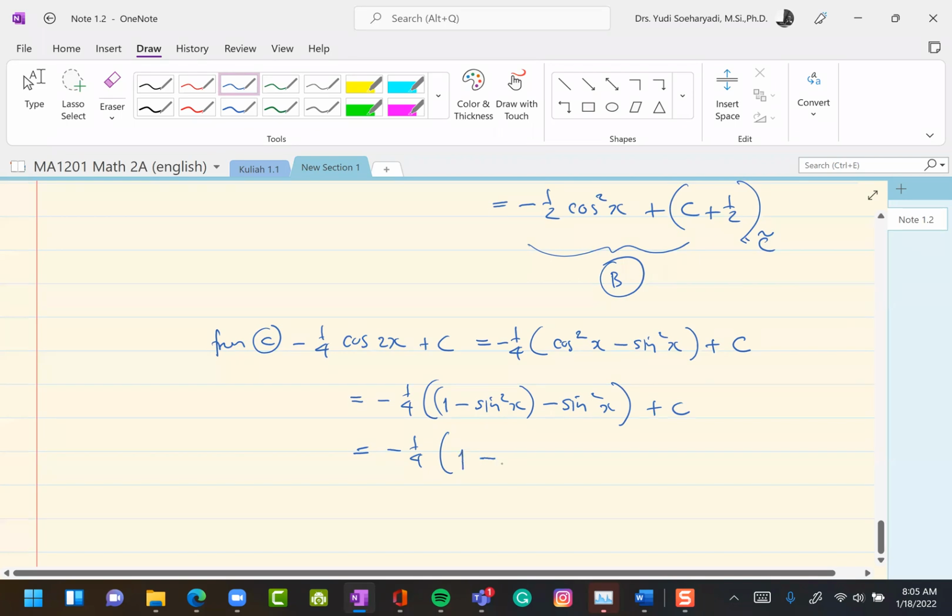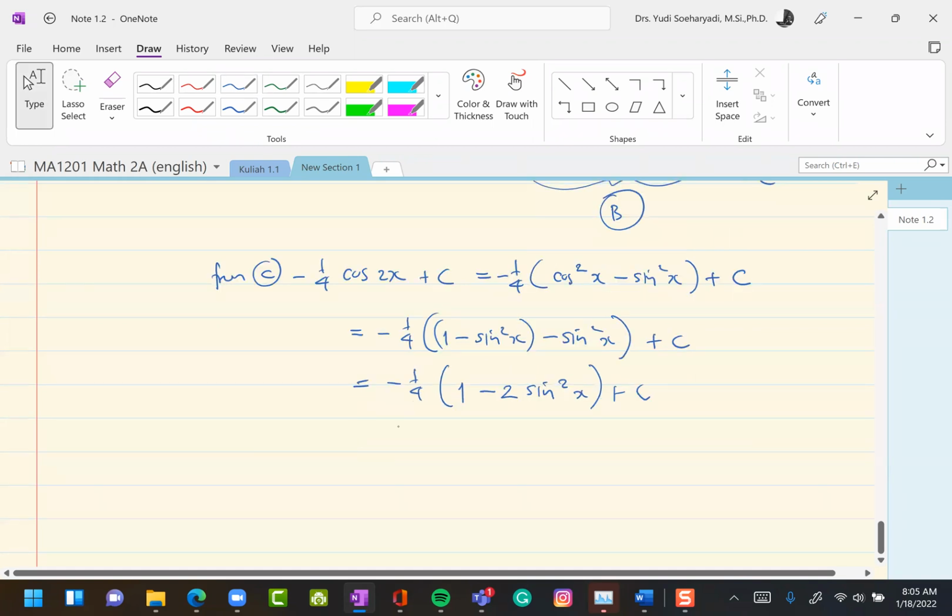So this is 1 minus 2 sine square, and this gives you 1/2, and this is just negative. Again, this is actually A.